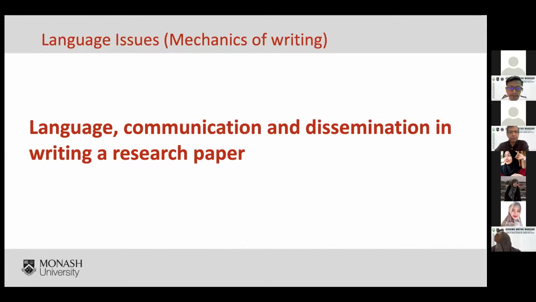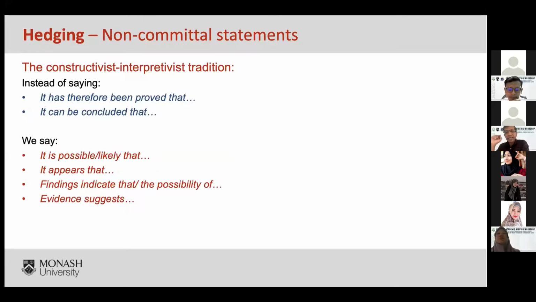Mechanics, here we go. So hedging is very important in social sciences. So avoid saying things like, it has therefore been proved that, or it can be concluded that. In social sciences, which is based on constructivism or interpretivism, right? These are our epistemologies.